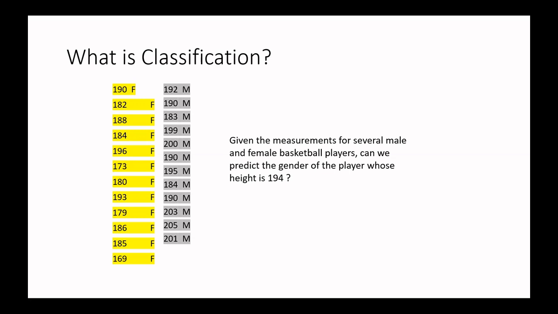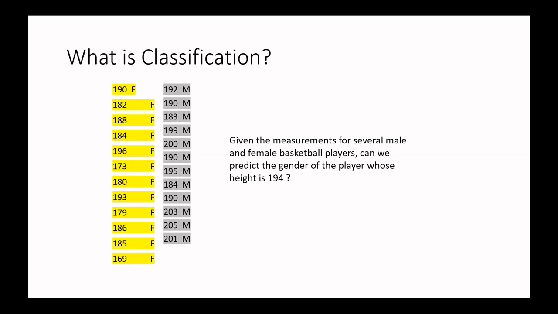So what you see here is, in this case, you have a measurement, 190, for example, and associated with that measurement is a letter saying F. So it indicates that we have only one property that we are measuring. The value of that property for this particular example is 190, and this example represents a female player.